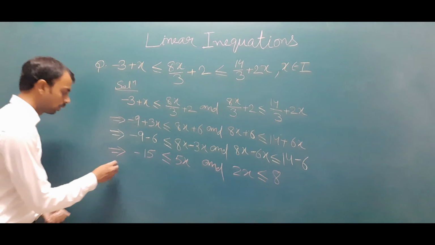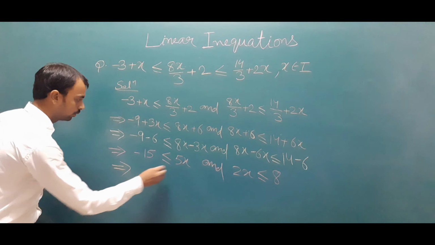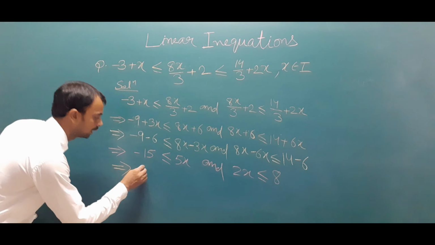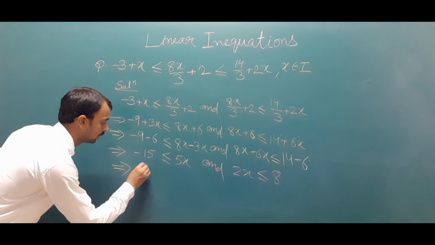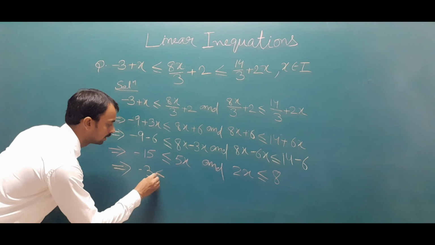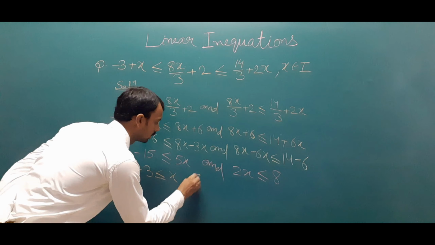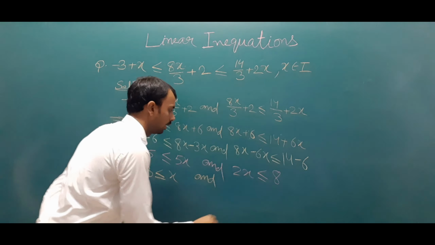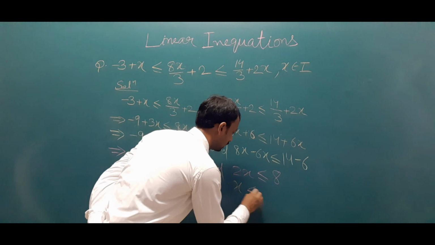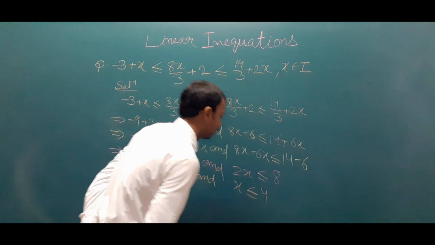So what will be our value? Here minus 15 divided by 5 gives minus 3 is less than or equal to x, and x is less than or equal to 4.